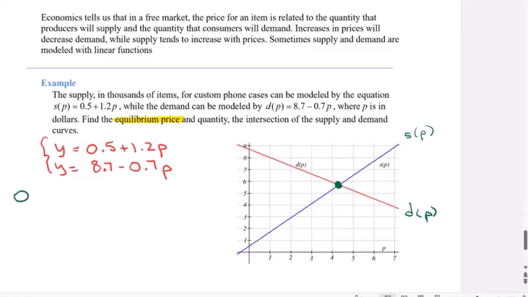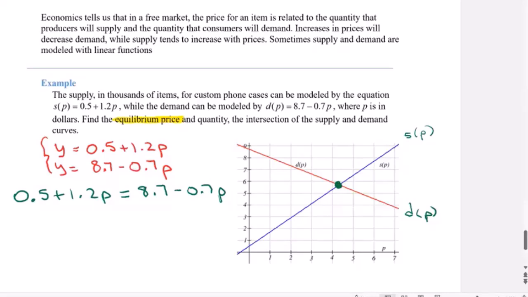I can say 0.5 plus 1.2 P is equal to 8.7 minus 0.7 P. And then I can just solve for P.